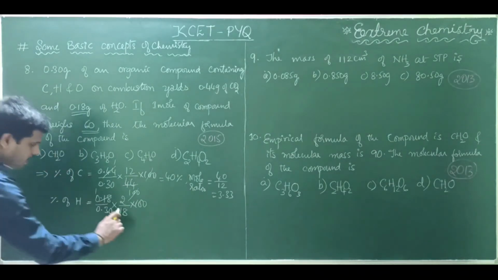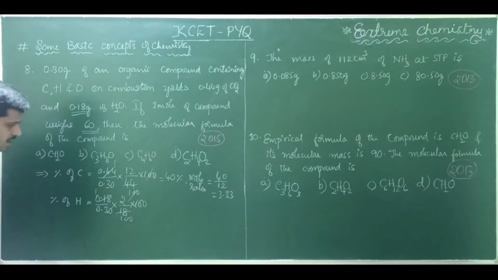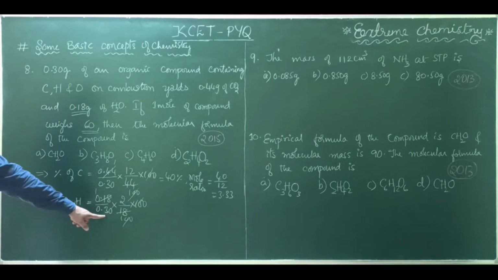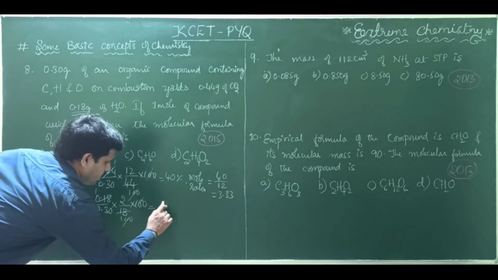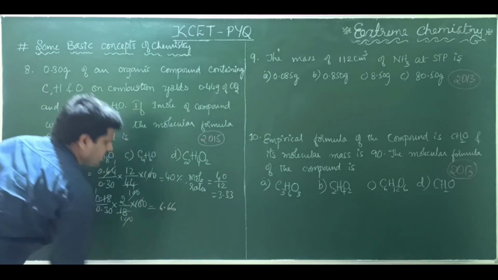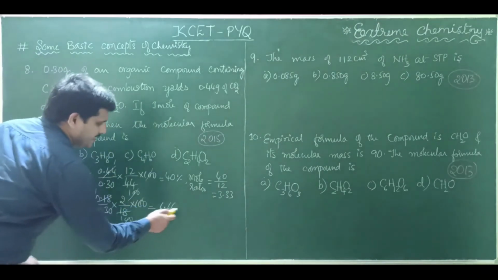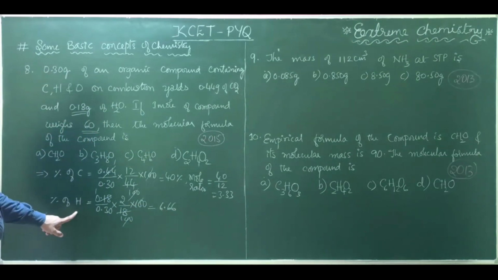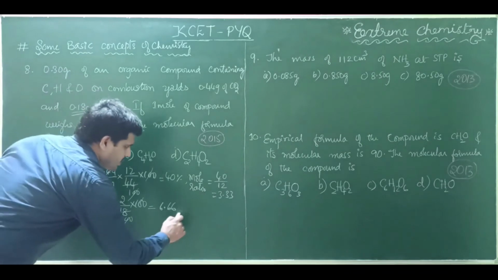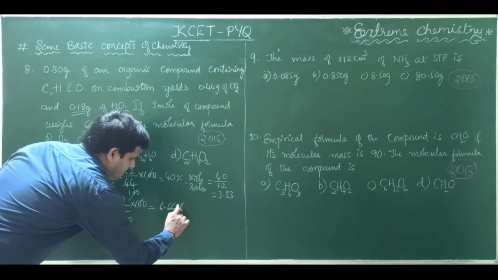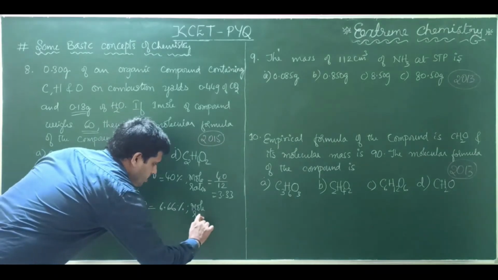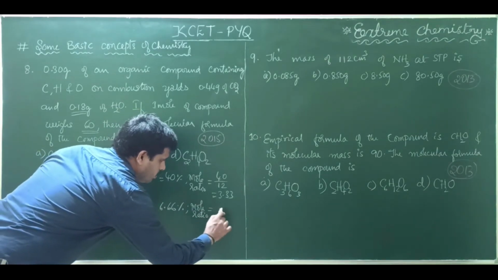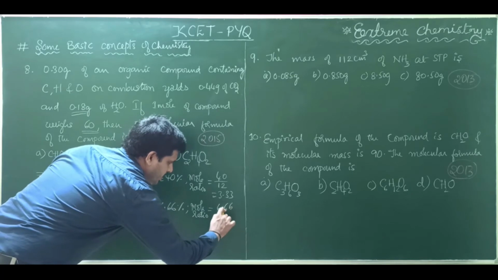So again the 100 times 100 cancels, 20 by 3, which is nothing but 6.66. So here you will get 6.66. What is the mole ratio? It itself is the mole ratio because it is divided by 1, the atomic mass of hydrogen. So mole ratio is equal to 6.66 itself.